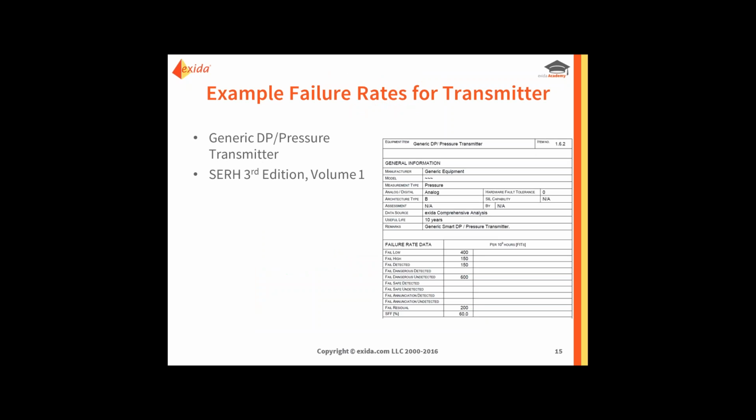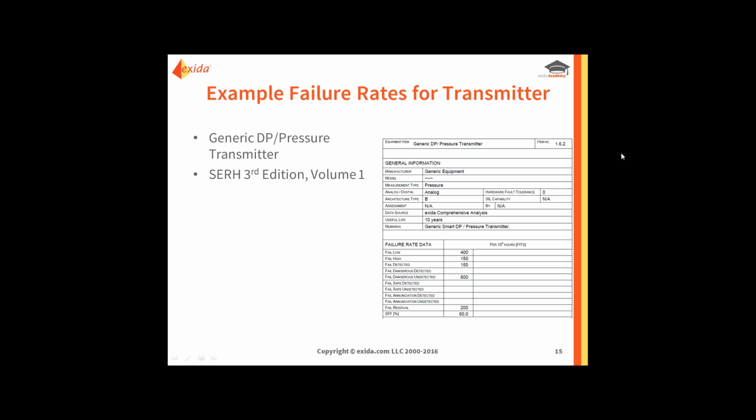I got a screenshot from our third edition of the Safety Equipment Reliability Handbook for a generic DP pressure transmitter. Obviously, you probably know that we've released the fourth edition by now, but I just wanted to get a data sheet, and I didn't want to favor any manufacturer with example data as you can see it for a transmitter.